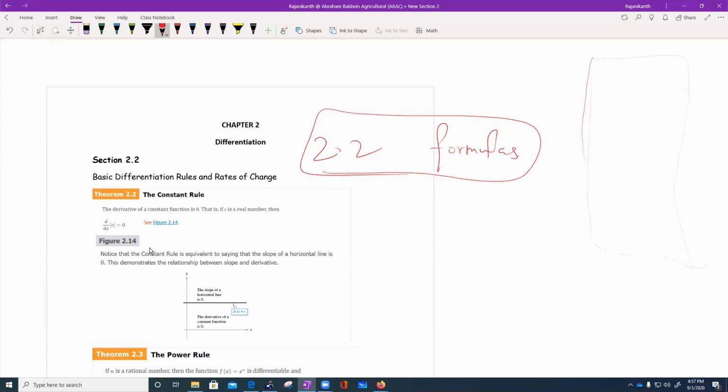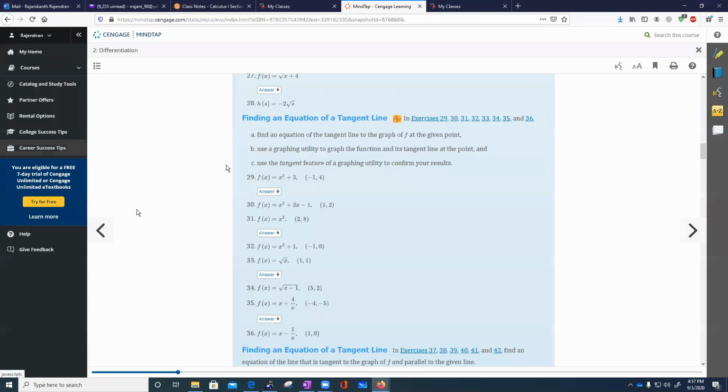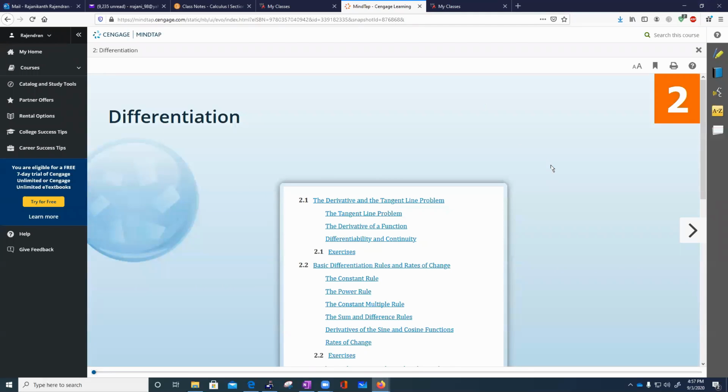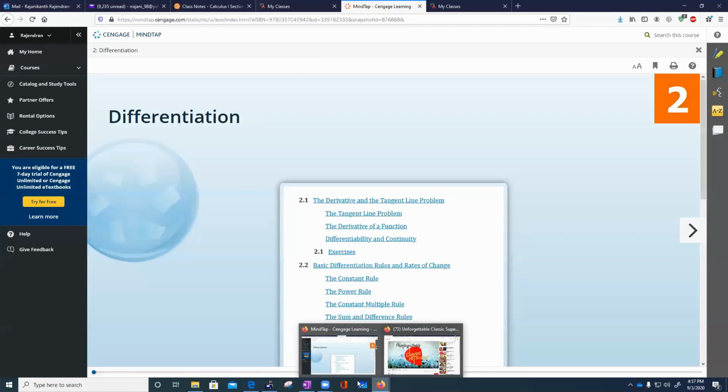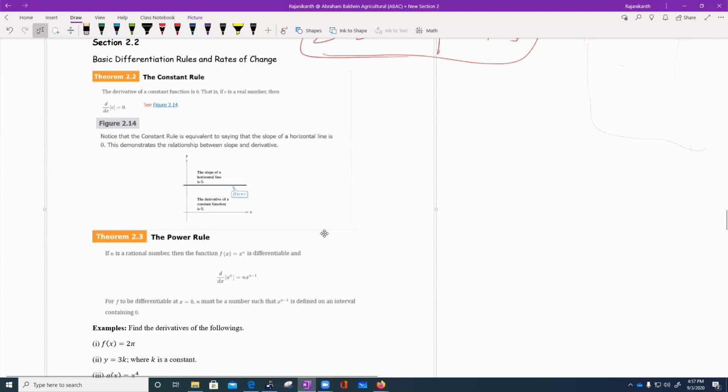Or you can see the formula sheet in your textbook. The first page gives all the formulas, so you could take a printout of that, or write it down somewhere else, and use all the formulas. Okay, so you are going to learn a lot of formulas in Cal 1, right?